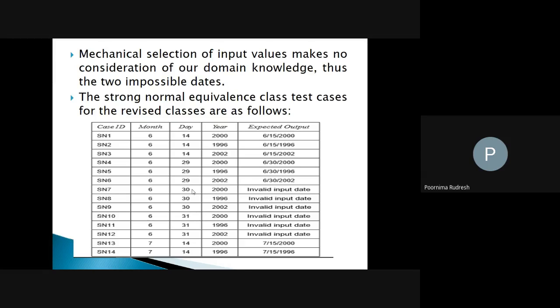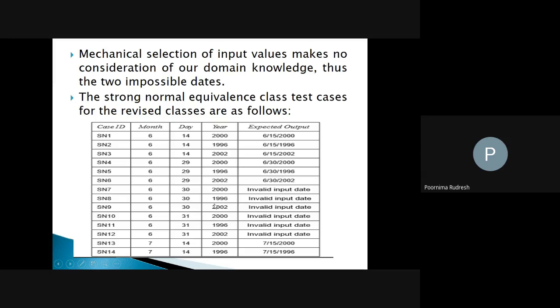Sorry, this is the expected output for 30, 6, 2000. It is a valid input because the month 6 is June and 30 days will be there, so it is not an invalid input date.